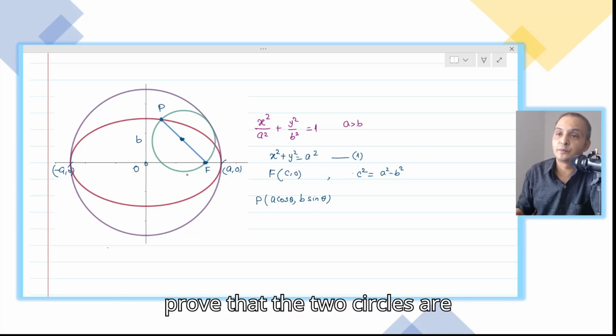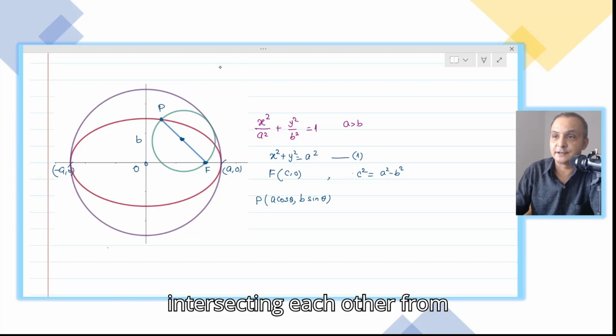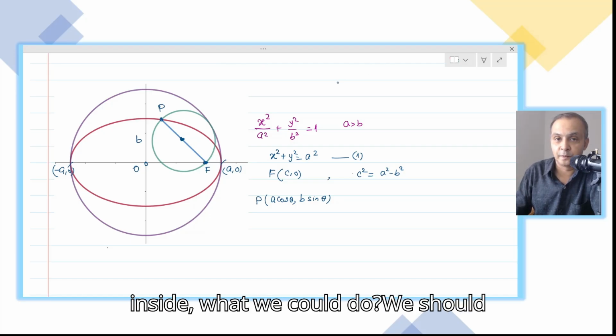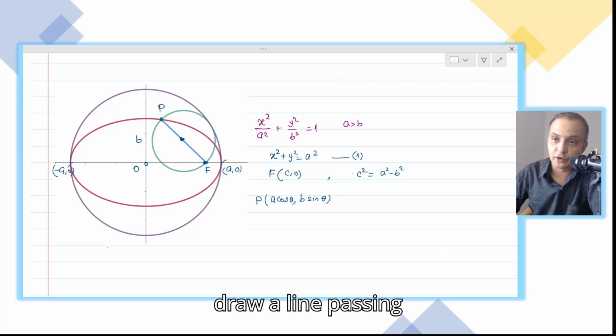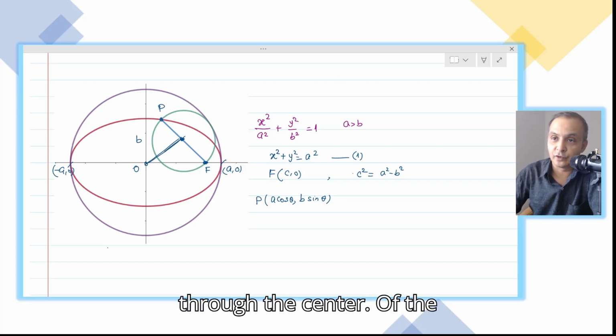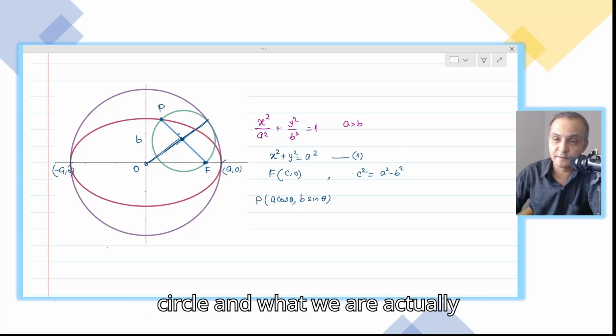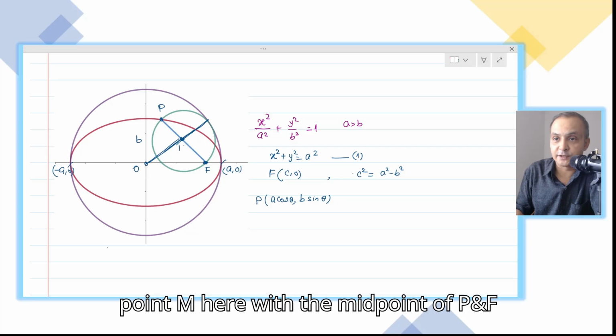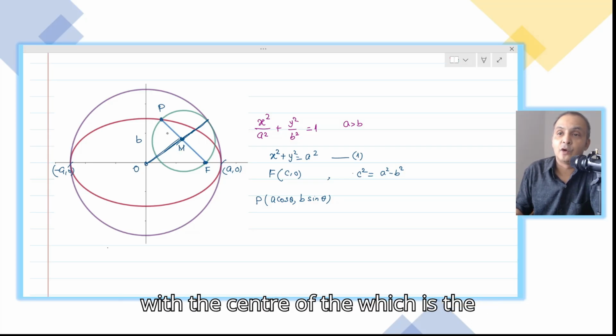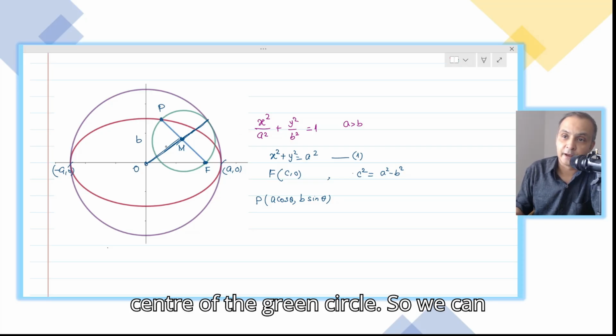So this thing we know. Now in order to prove that the two circles are intersecting each other from inside, what could we do? We should draw a line passing through the center of the bigger circle. It will also cross through the center of the smaller circle. Let's say this is the point M, the midpoint of P and F, which is the center of the green circle.